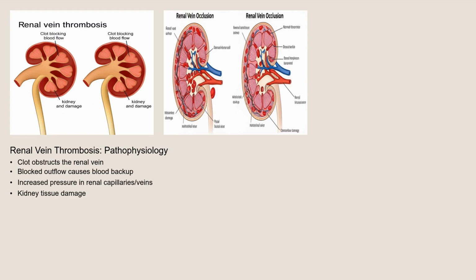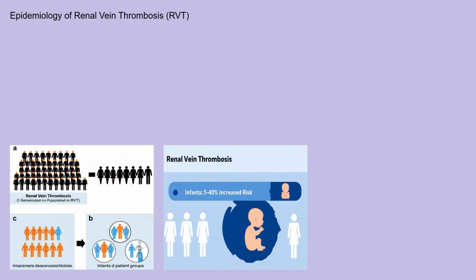Over time, this can lead to kidney dysfunction and, if left untreated, kidney failure. The sudden blockage can also cause swelling and inflammation of the kidney. In severe cases, the blockage can lead to renal infarction, where the kidney tissue dies due to lack of blood supply.